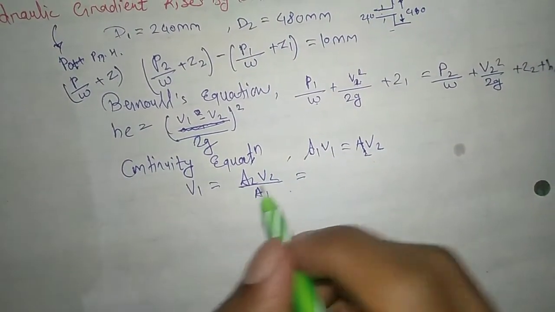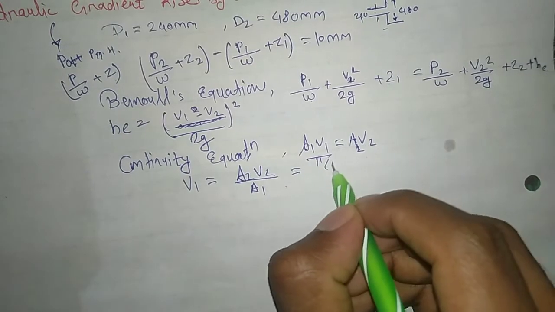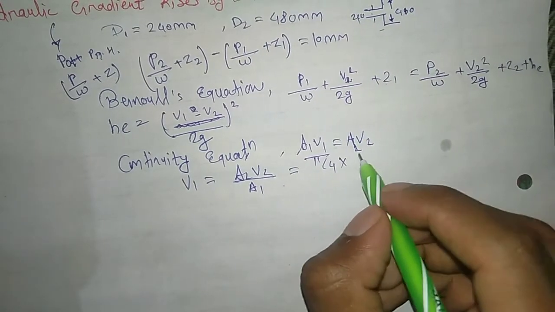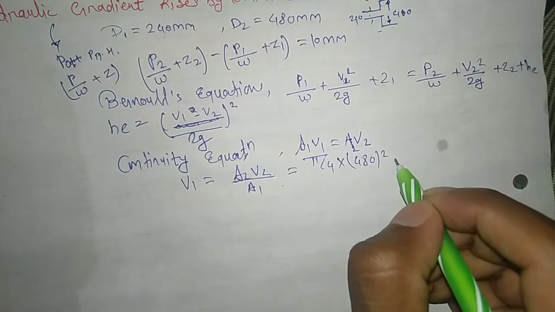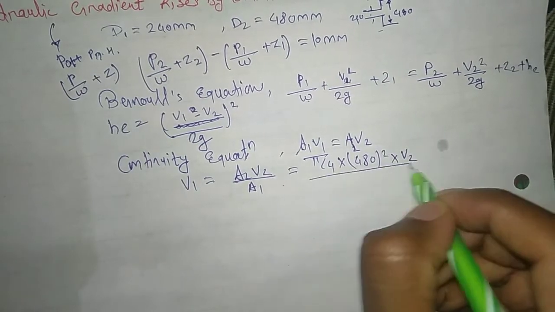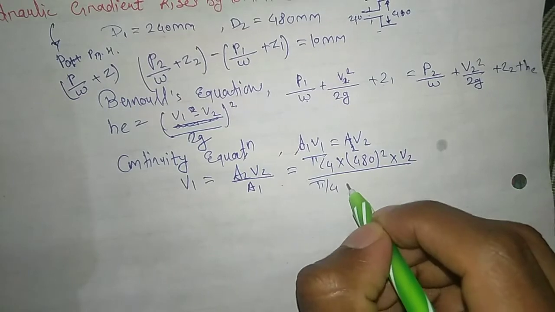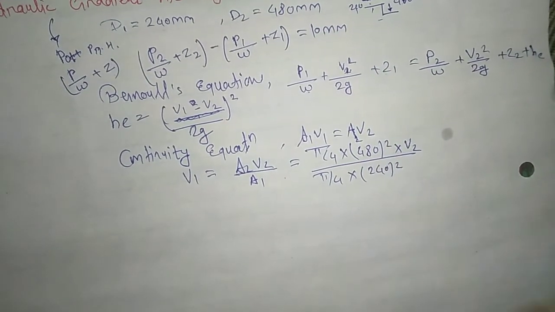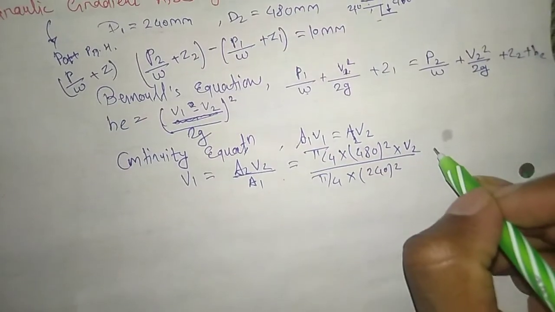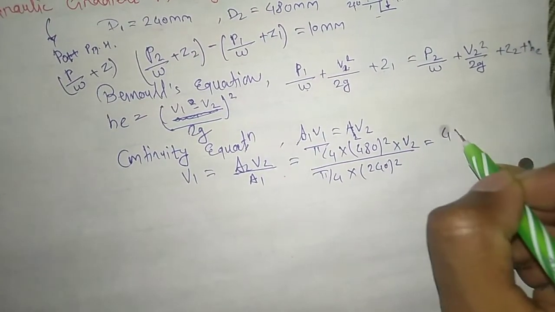Area of the second section is pi by 4 into 480 square into V2, over pi by 4 into 240 square. The pi by 4 cancels, so we get 4 V2.